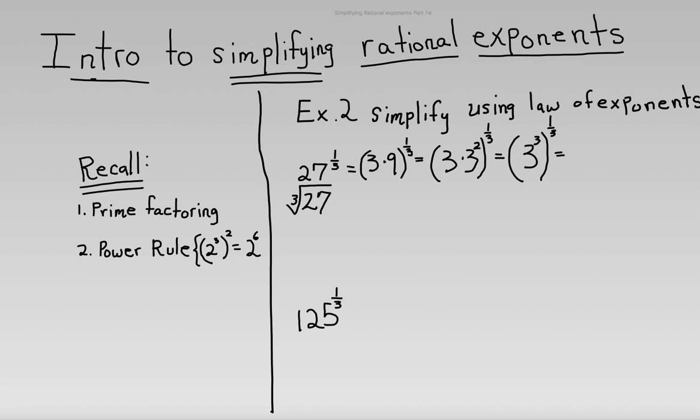And using the product rule, we know that this is 3 cubed to the 1/3. Now we know how to simplify these. We'll multiply these, and that would simply give us 3. And 25 is 5 times 25 to the 1/3.